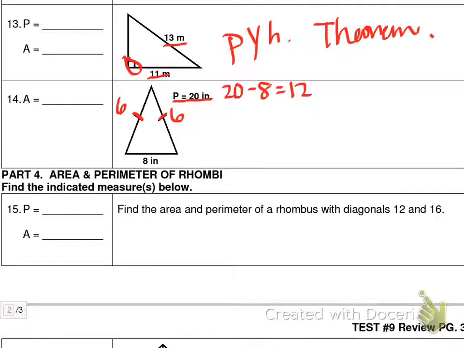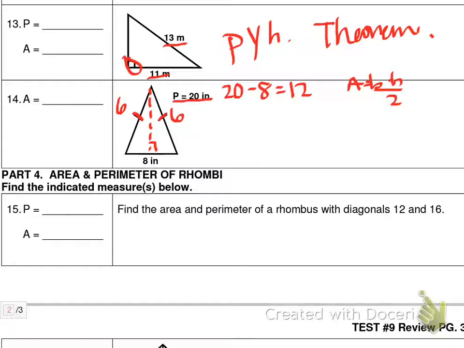So to find the area of my triangle, which is base times height divided by 2, I've got my base, which is 8, but I need my height. So draw a line down the middle here. It makes that right. Now I have a triangle I need to find my height for. So that one's 6.